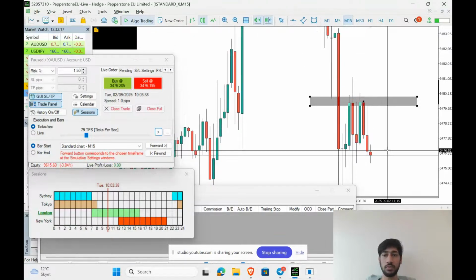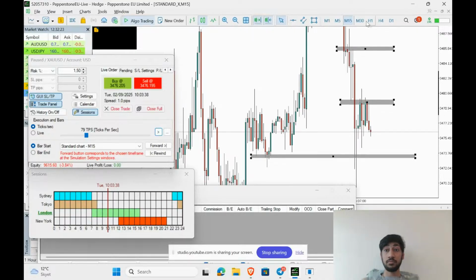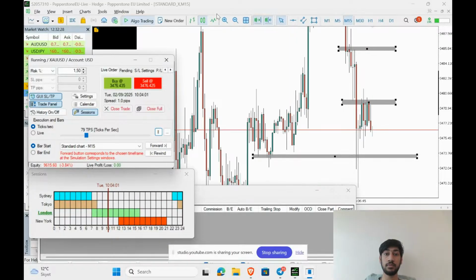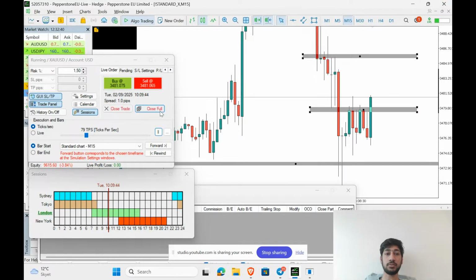We closed below this, but we have rejection over here. So, no, bro, I can't mess around with these ranges. Never. If I mess around with the ranges, then I will get messed up. I know that. I'm 100% sure.